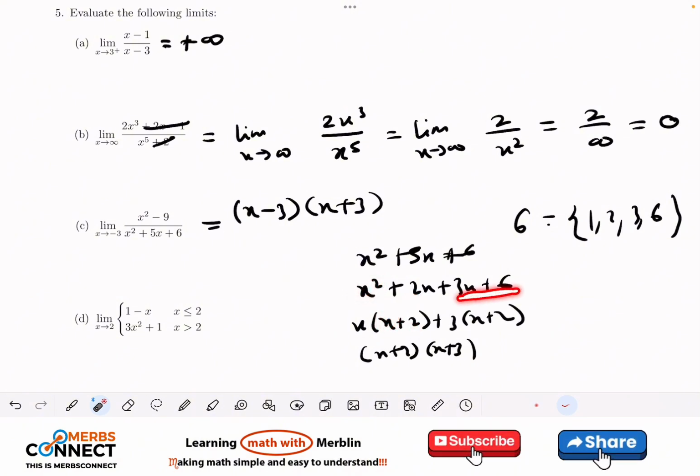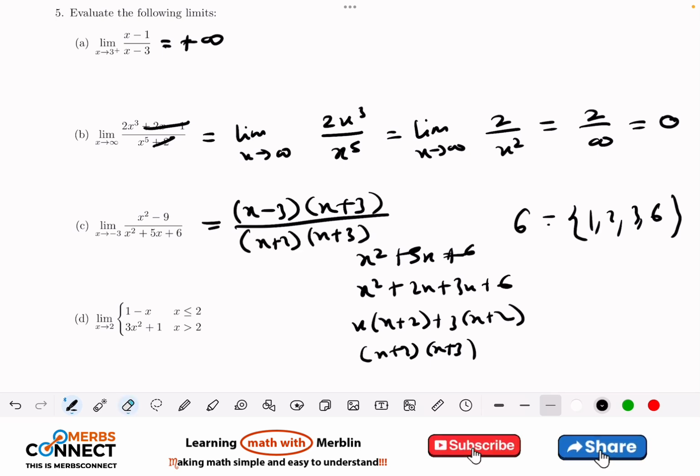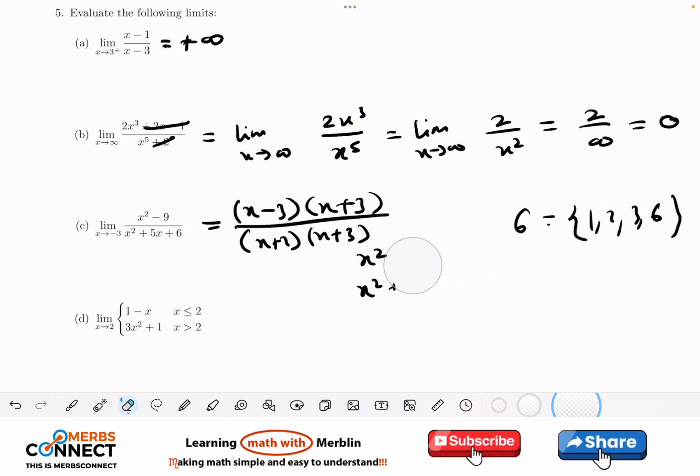Here I factored 3 out. So when I factor 3 out, here will be left with x, and this one will be left with 2. This and this is common. So I write it, and then I pick this plus this as this. So the denominator is also going to give us x plus 2, x plus 3. So good for us.